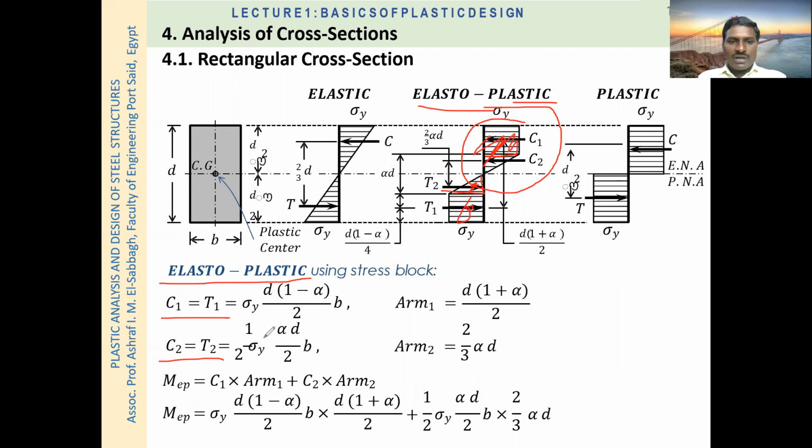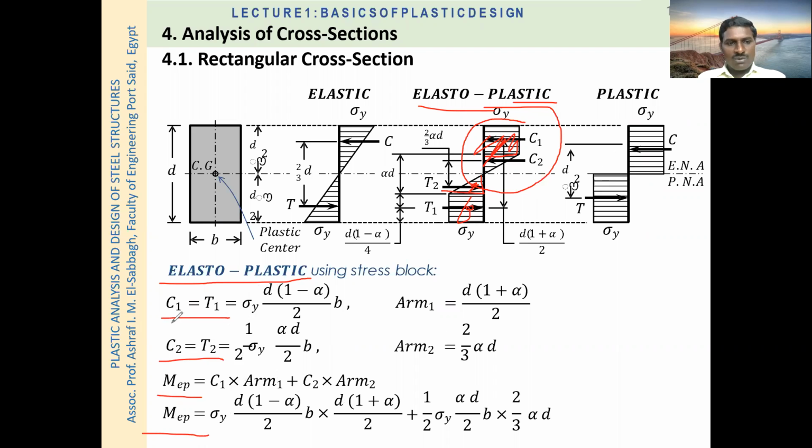And for this again sigma y into Ze. So we can derive this formula here, and we can calculate MP, means plastic moment, for this C1 force and plastic moment for this C2 force. Similarly, plastic moment for this T1 and T2, because C1 is equal to T1 and C2 is equal to T2.